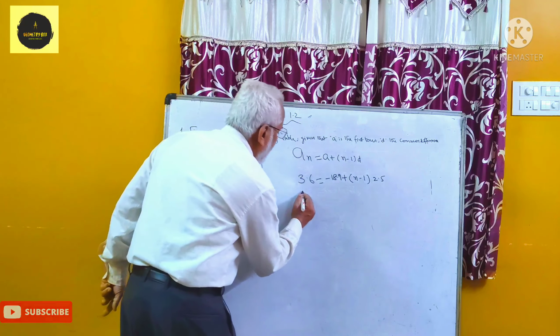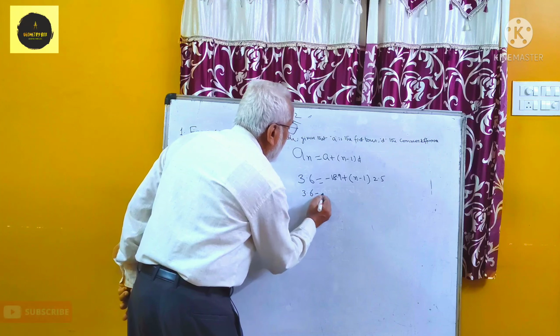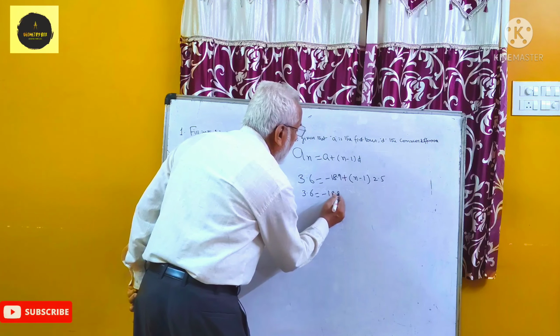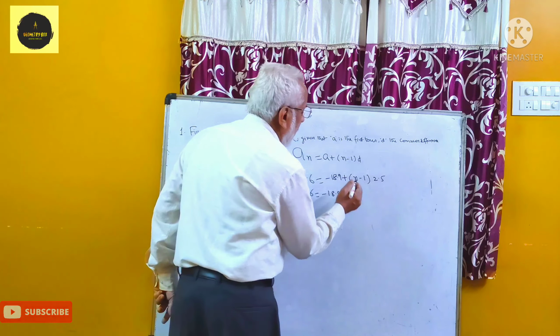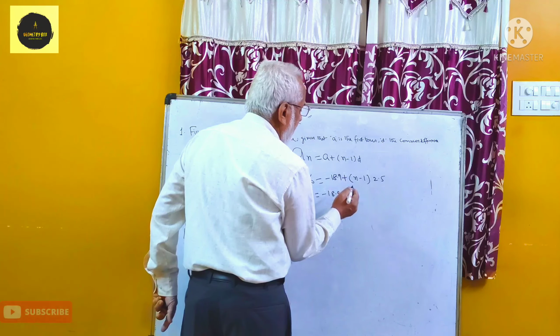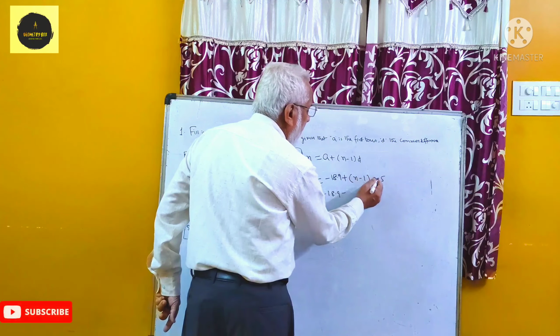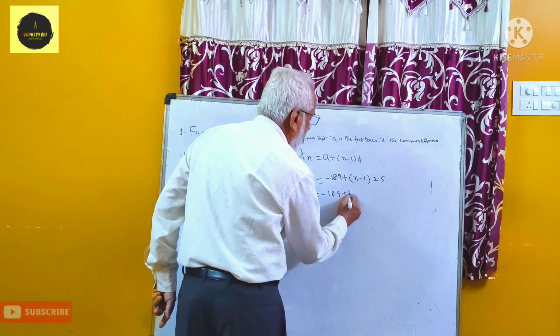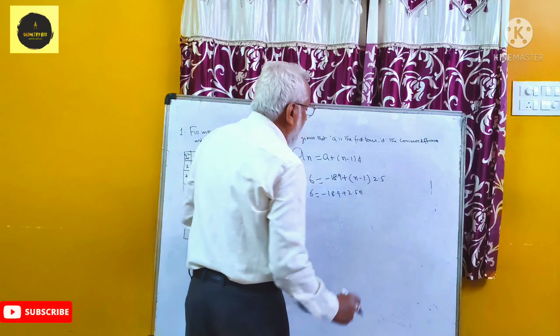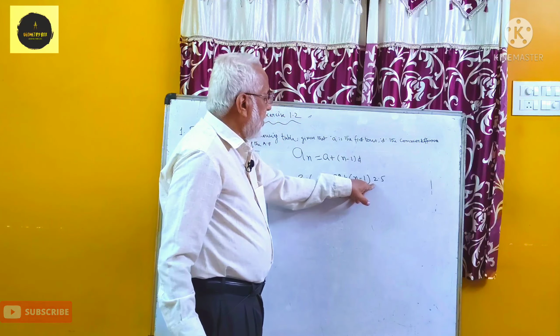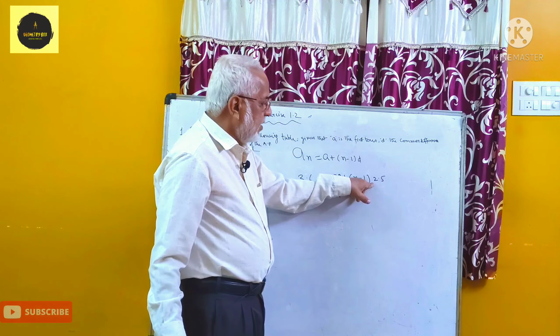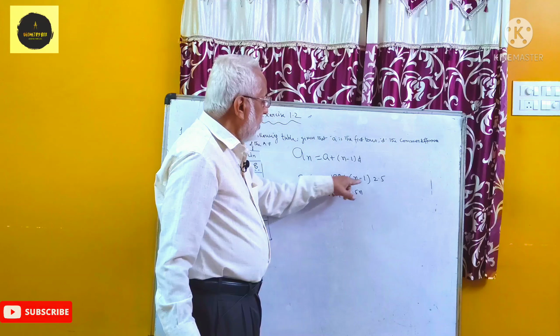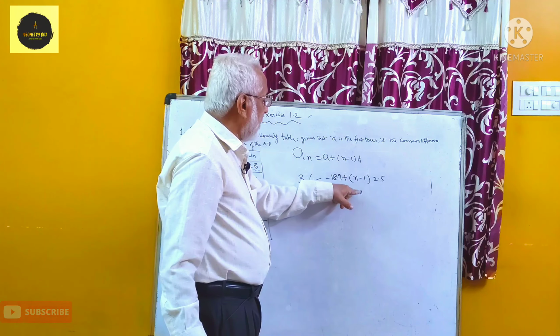Then again write down 3.6 as it is, minus 18.9, plus then first of all multiply 2.5 into n. How much? It is plus 2.5 n, because here 2.5 has no sign, you have to understand it is plus. Plus into plus, plus 2.5 n.